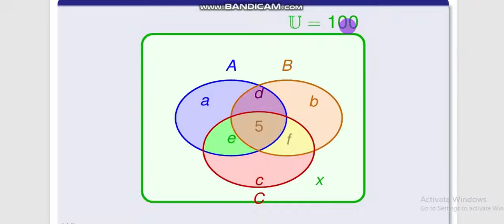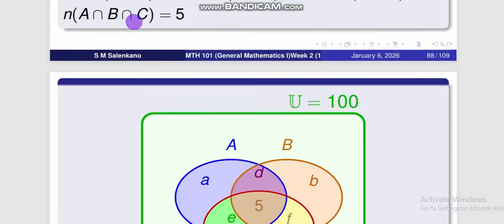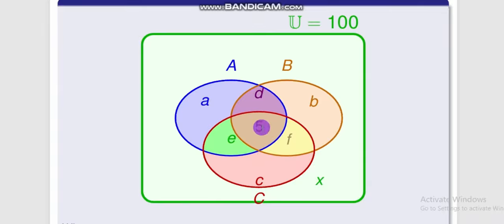You know the universal set is 100, and what you are given is those who read all the three newspapers A, B, C. The number is 5, so this is the region, and you write 5 there. But the other regions you don't know, so you give letters.